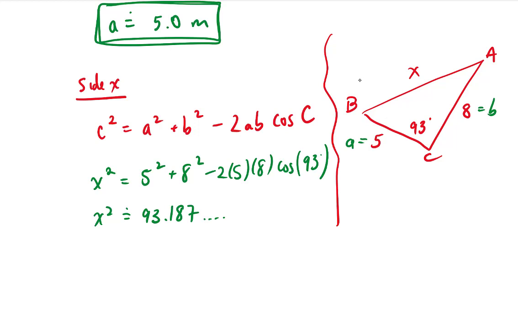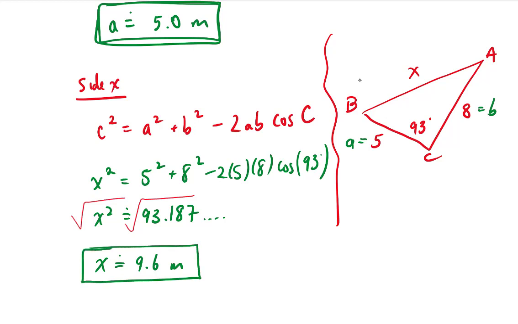Last step to solve for side x. Remember, this is x squared, so we're going to square root both sides of this equation. And we get that x is approximately equal to 9.6 units. In this case, we're using meters, so 9.6 meters.